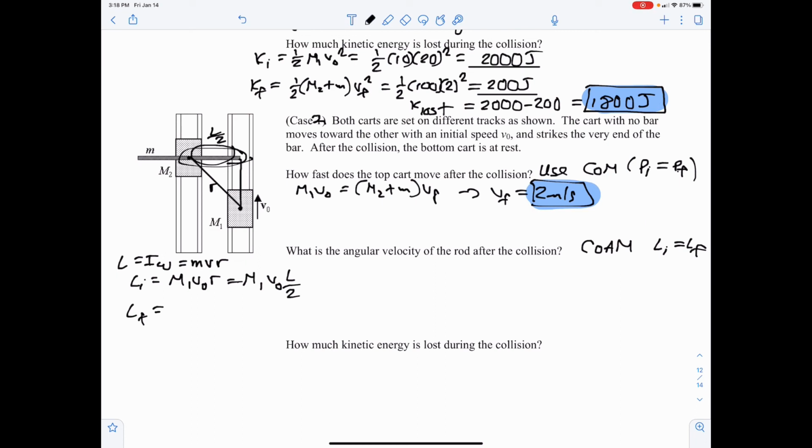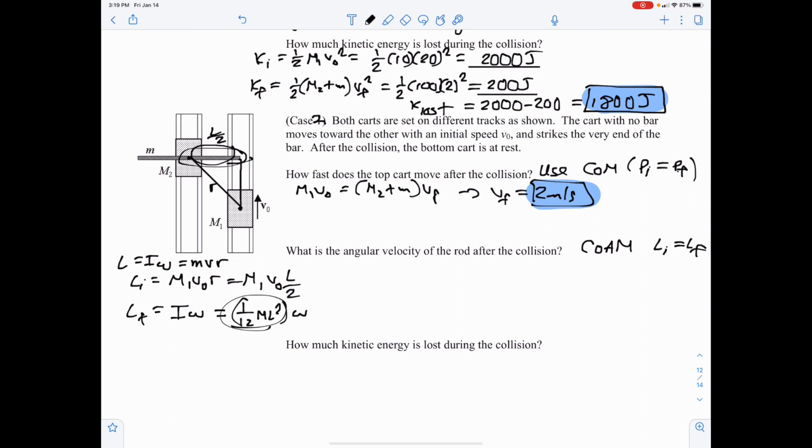So afterwards, I omega, where I is 1/12 ml squared, times omega.